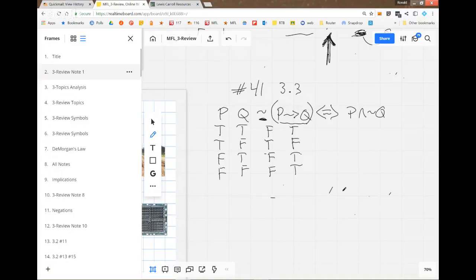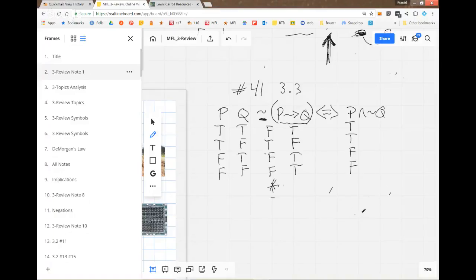So here's my one side. That's the left side of the equivalent sign. So here, to make this, and you don't have to do it this way, but I'm going to just copy P again: true, true, false, false.